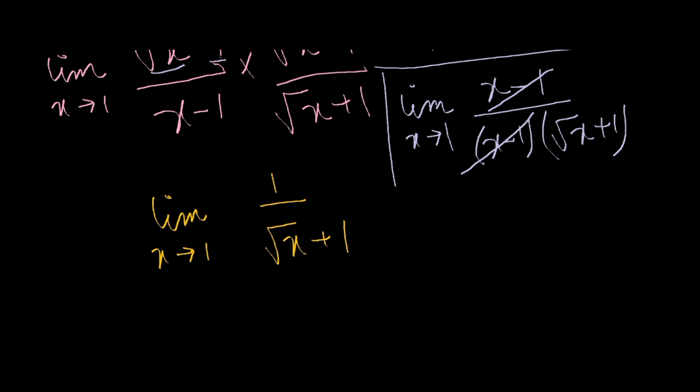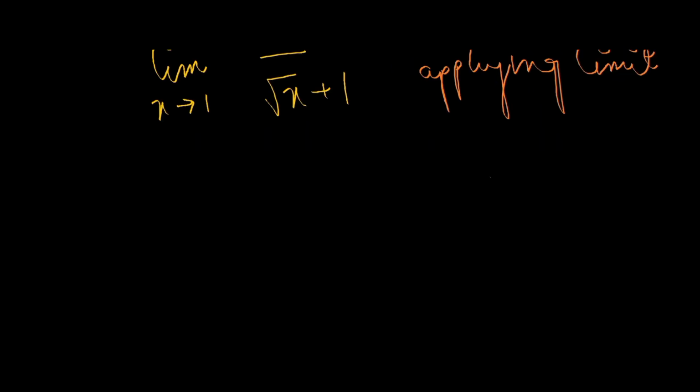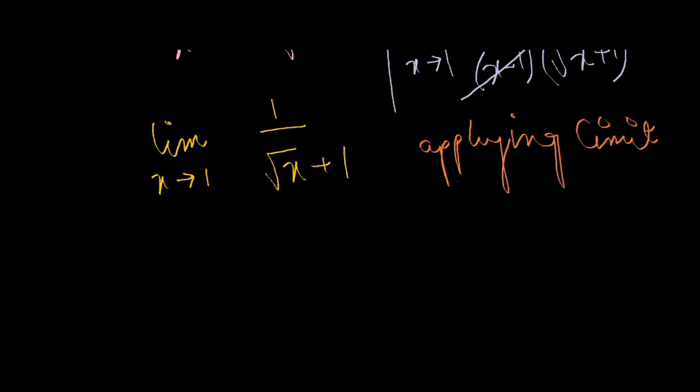To verify this, just apply the limit and see whether it is a determinate form or not. Applying limit means putting x equals 1 in the given function. So the final answer would be 1 over under root 1 plus 1.